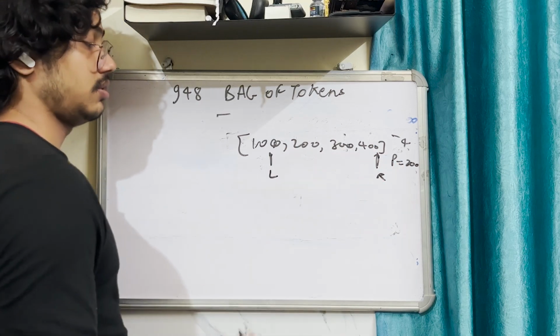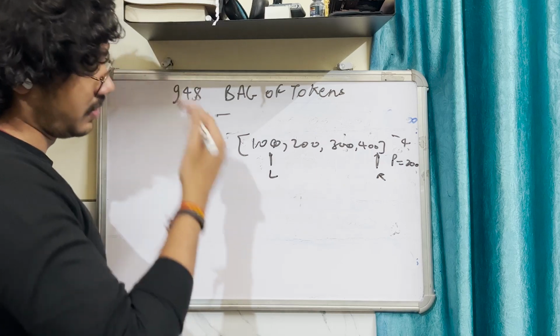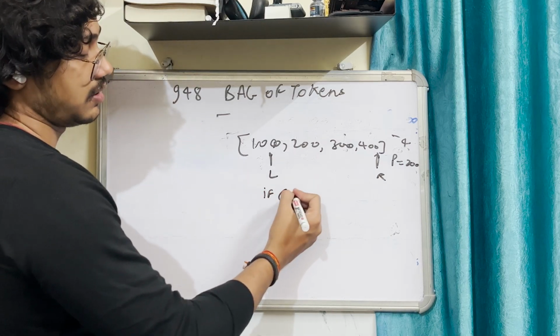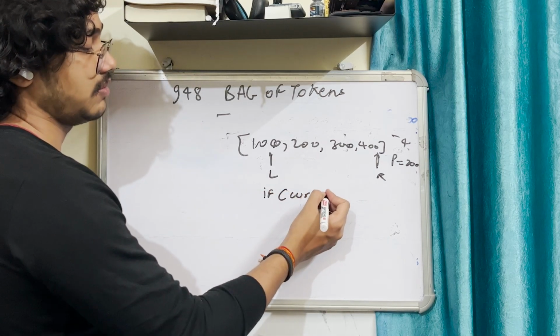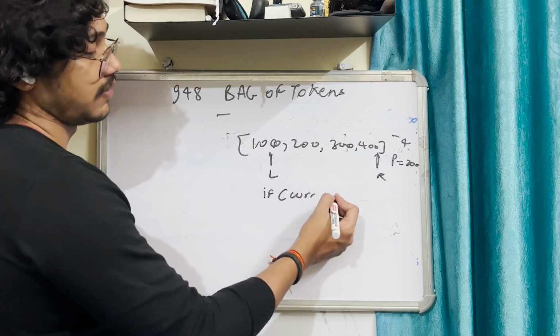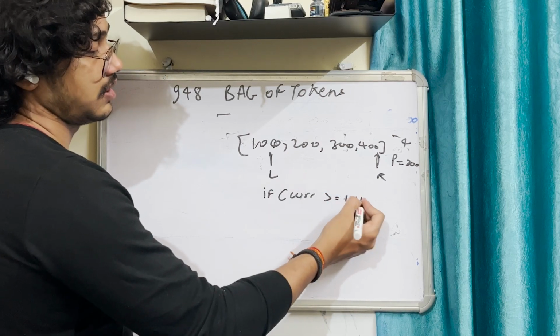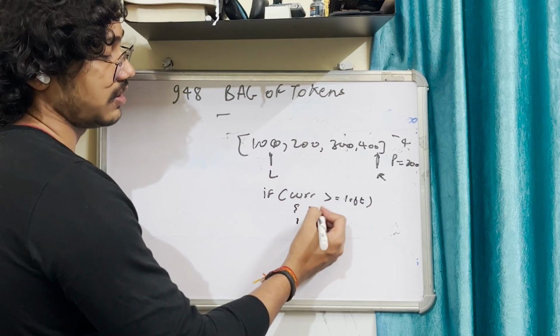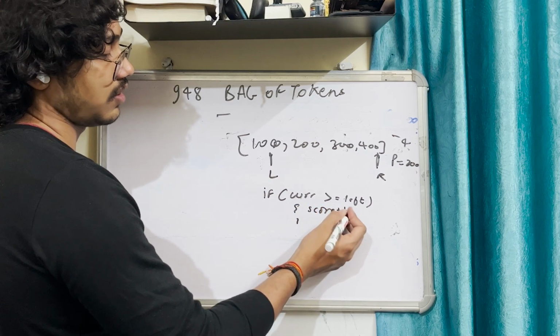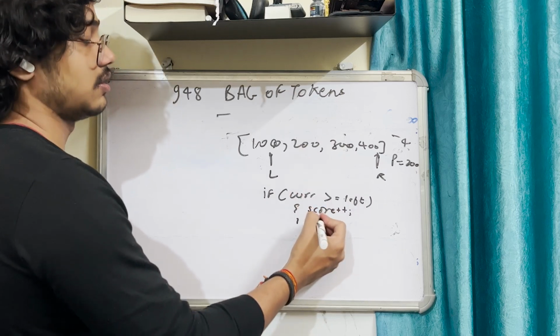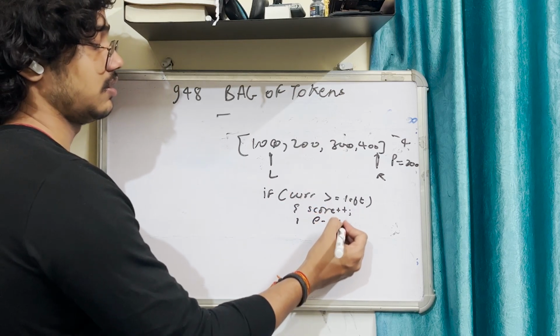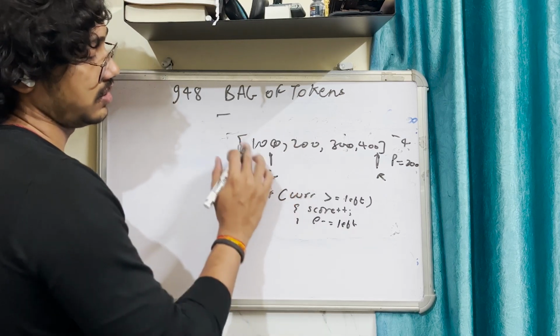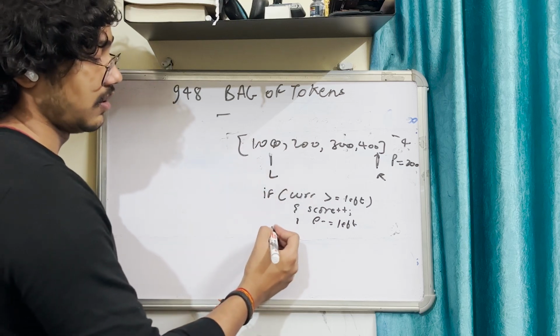This will be sorted. We'll sort it. If your current power is greater than the power at the left, you will increase your score by 1 and reduce the power. Power minus equals left, the value which is here.